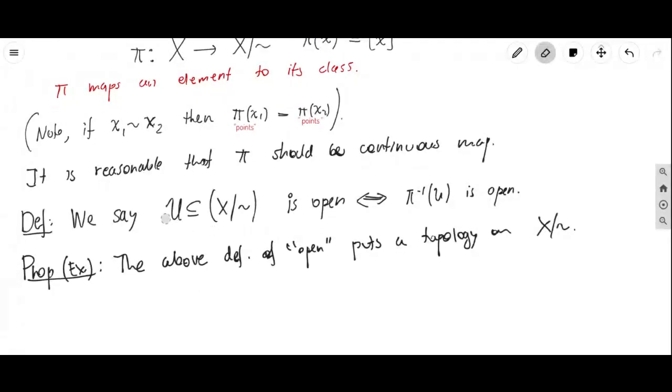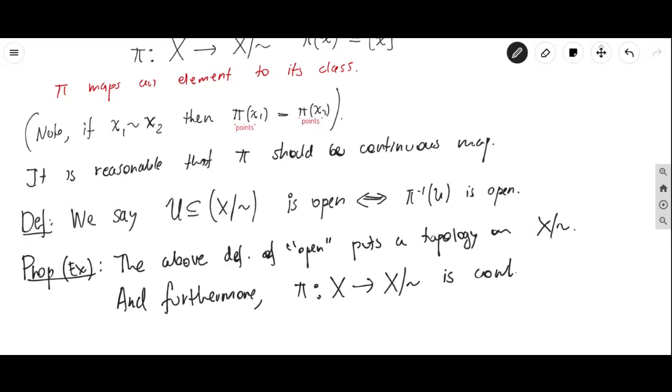I would say it's a little bit easier than the product space, because in the product space, we use the topological basis. Here, we're not using a topological basis. We just say that something is open if and only if it pulls back to an open set. And furthermore, this projection map is continuous.